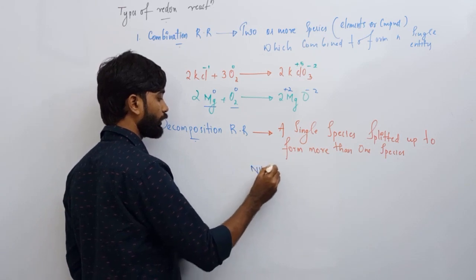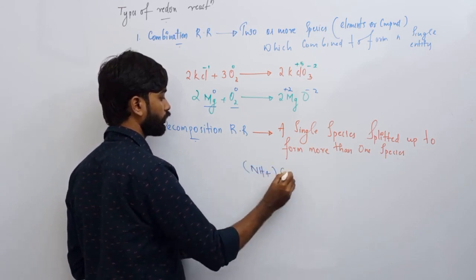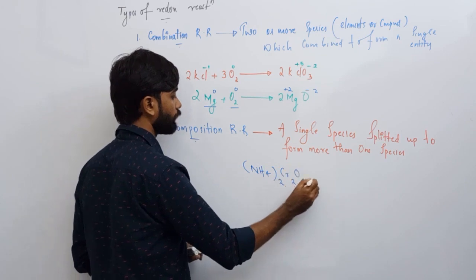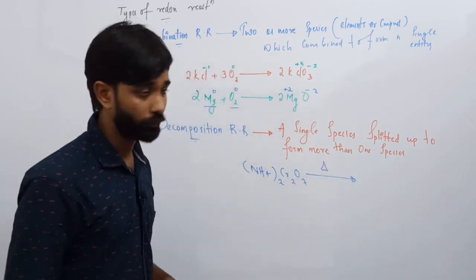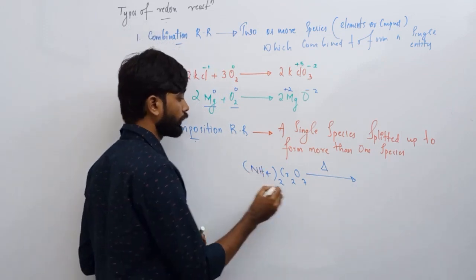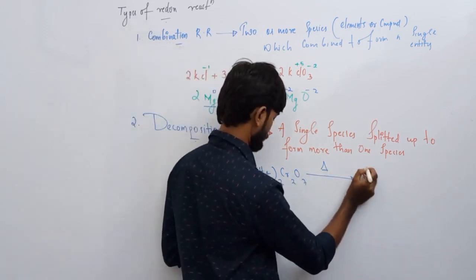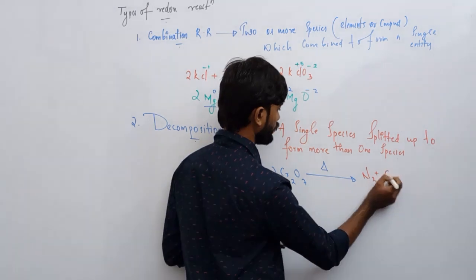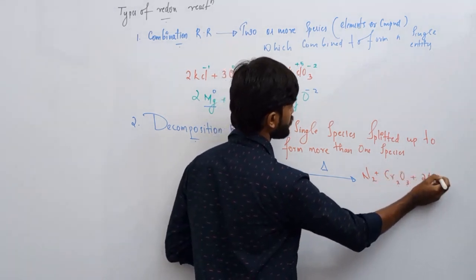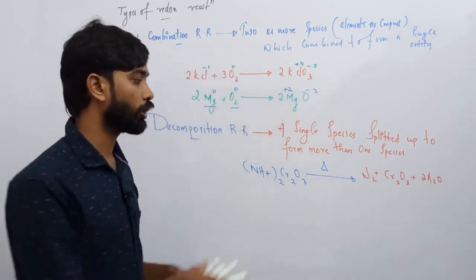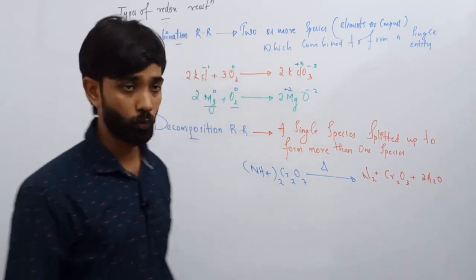We have the well familiar decomposition, the chemical volcano reaction, the decomposition of ammonium dichromate. On heating, what happens? It splits to form N2 plus the green colored Cr2O3 plus 4H2O. So a single compound splits to form more than one species.